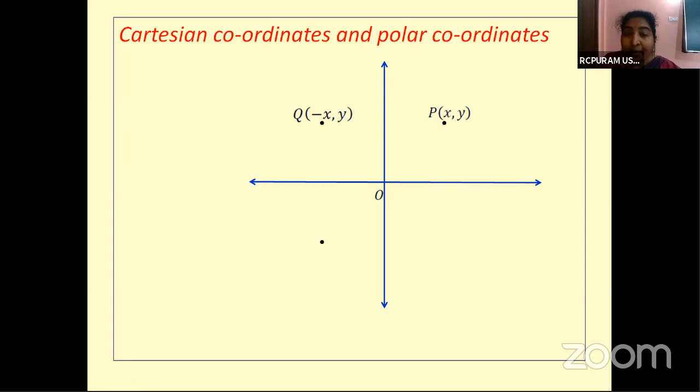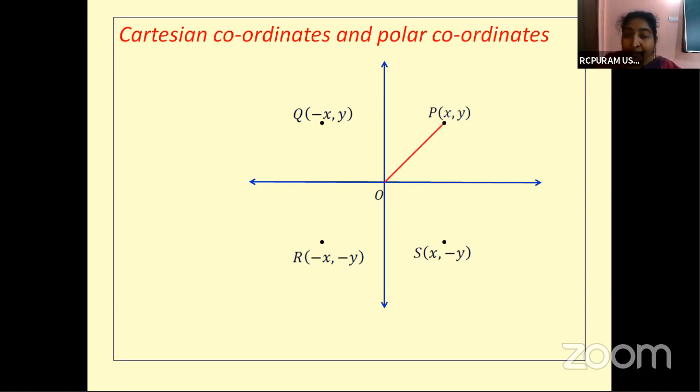In the third quadrant, both coordinates will be negative, so R is minus X comma minus Y. And you have point S in the fourth quadrant, where X is positive and Y is negative, so S is X comma minus Y.